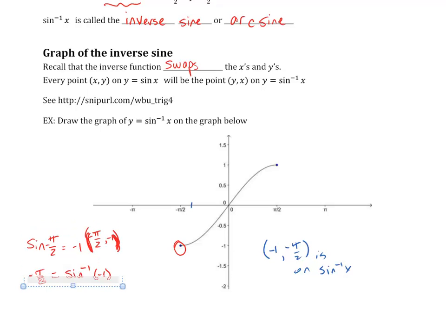Now I can come in here and draw and say this point right roughly here is on that new curve. And you repeat this process with every point on here. What you end up doing is actually reflecting your sine wave across the y equals x line. So like this point here becomes this point here. It kind of goes away from it.